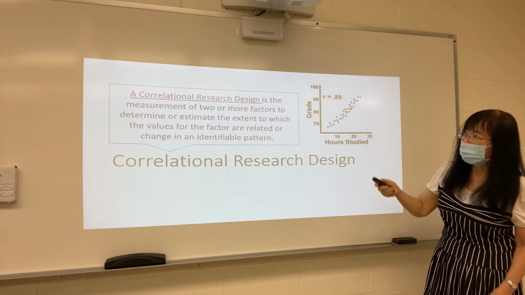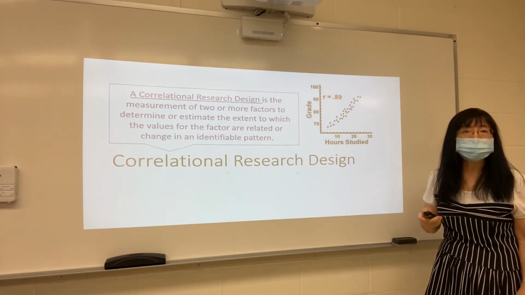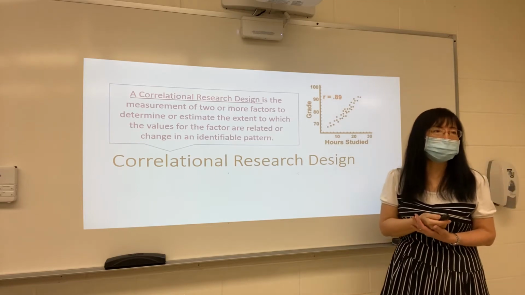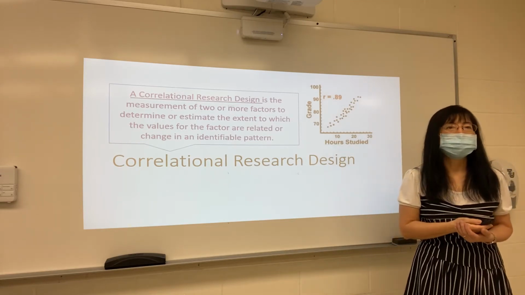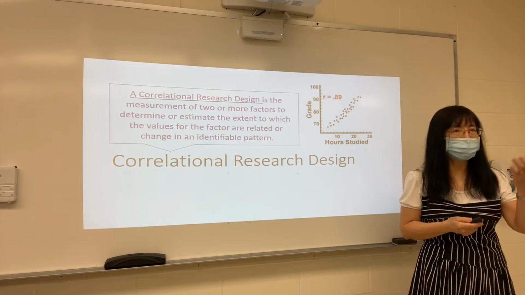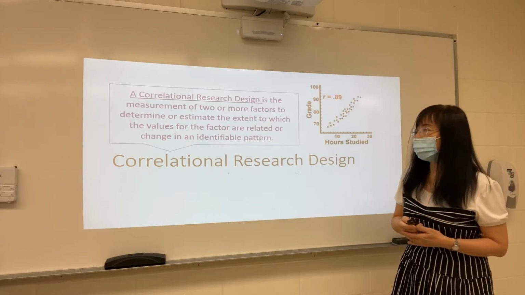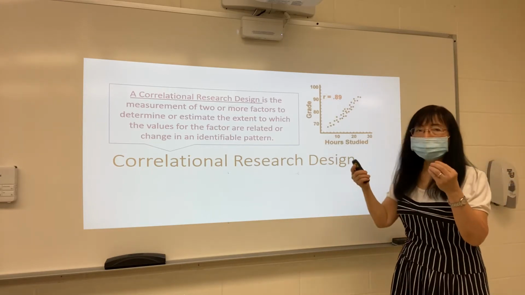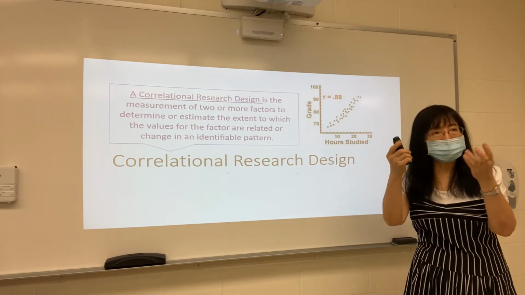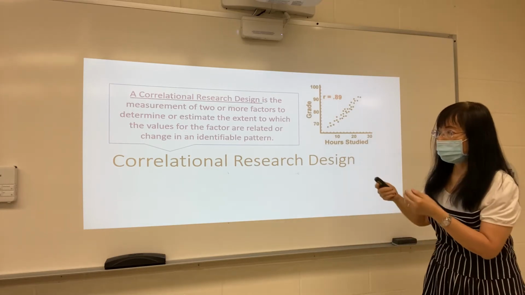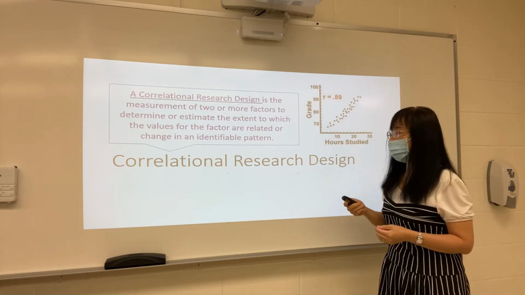Okay, so correlation research design. How many of you think you are going to use some correlation in your research? When you do correlation, you usually use two variables to see if they are related to each other.